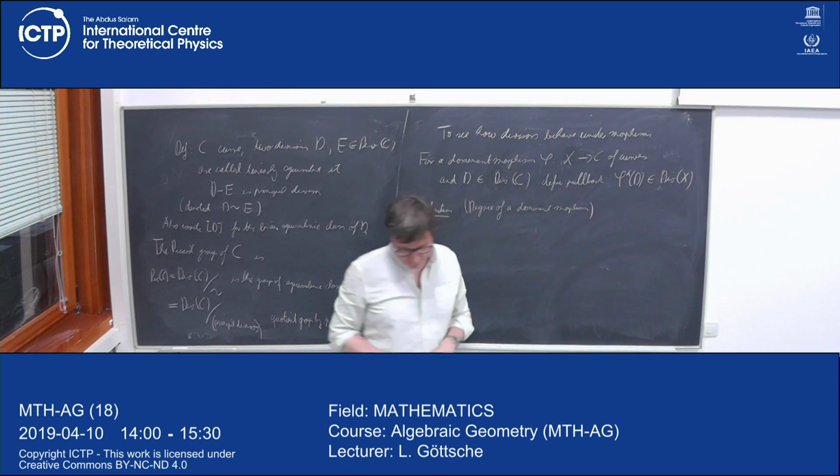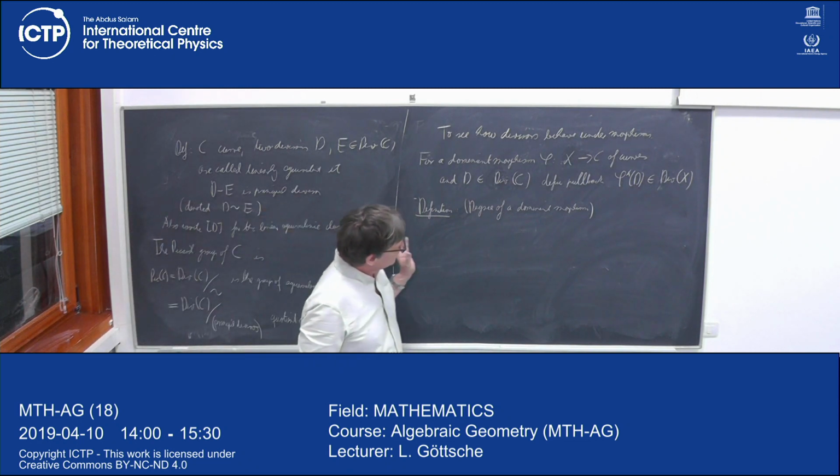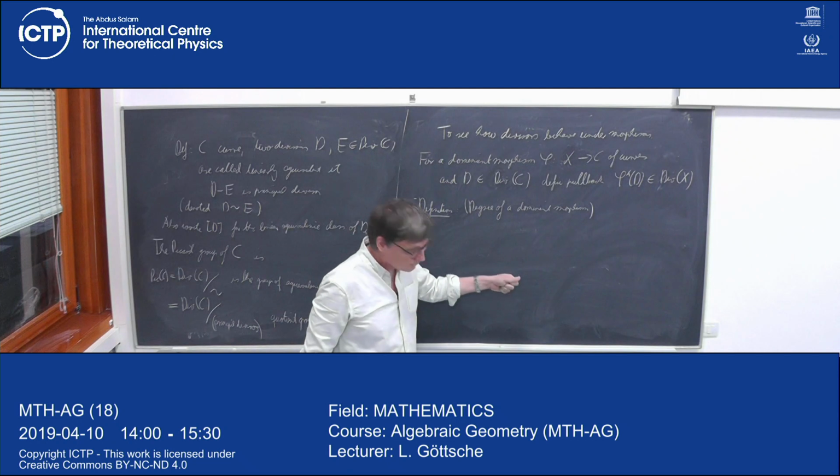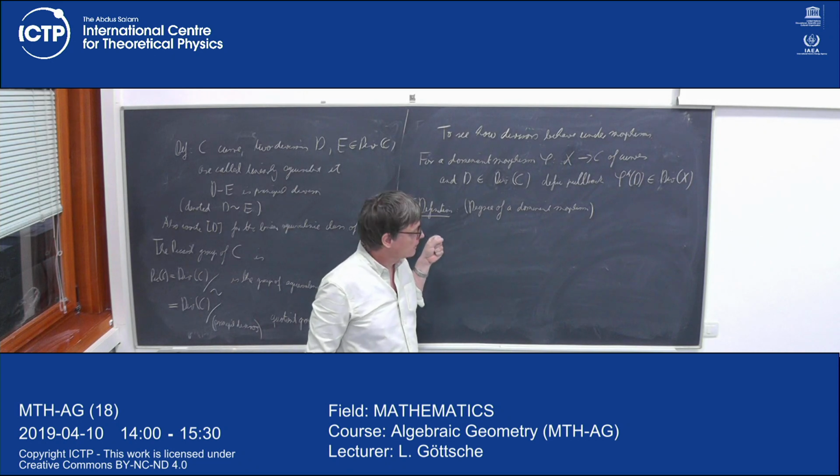So we had seen that if we have a morphism or even a rational map, we can pull back rational functions via this map.